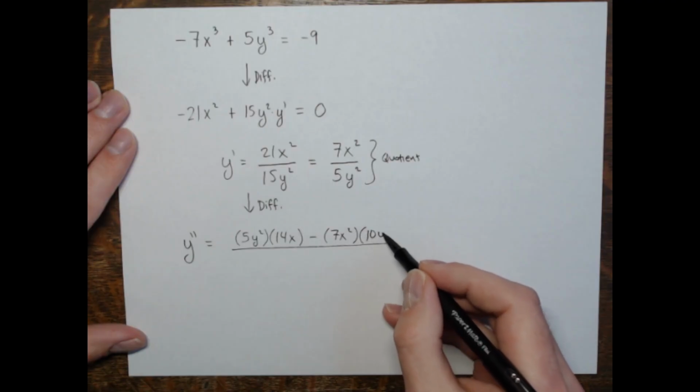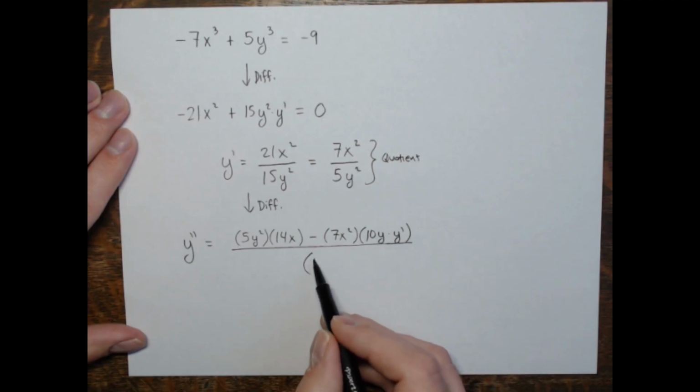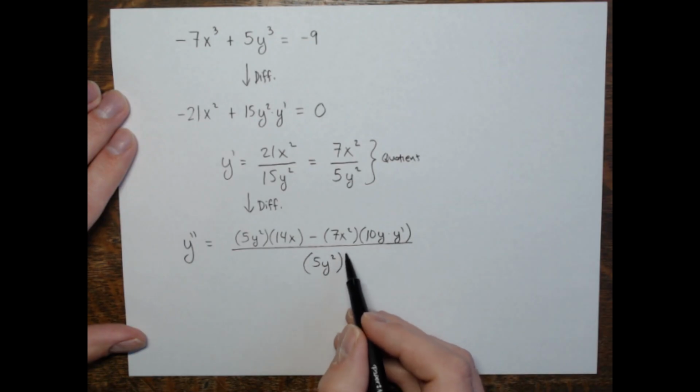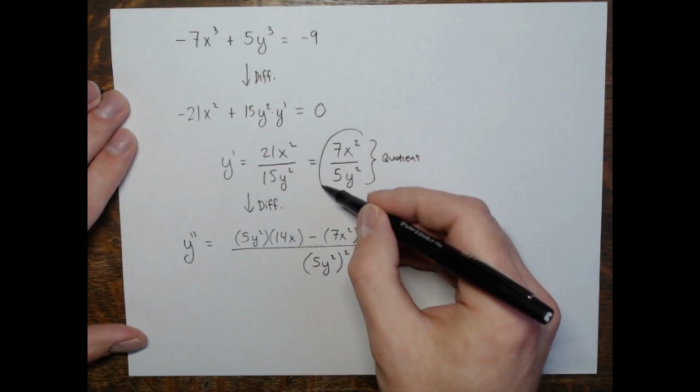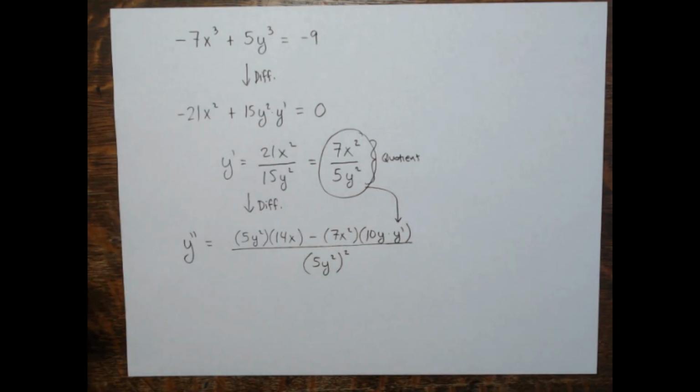This would be 10 times y, but then times y prime again, and all that divided by the denominator squared. And we sub this 7x squared over 5y squared in for y prime here, so that our second derivative depends on only x's and y's and not y prime.